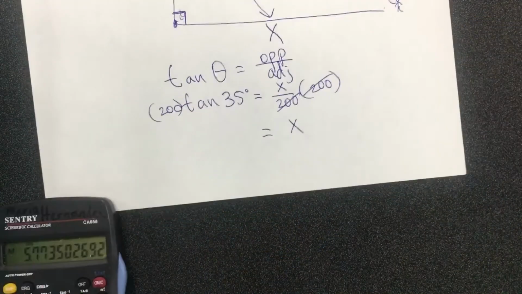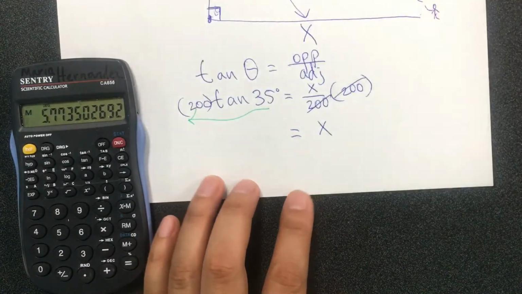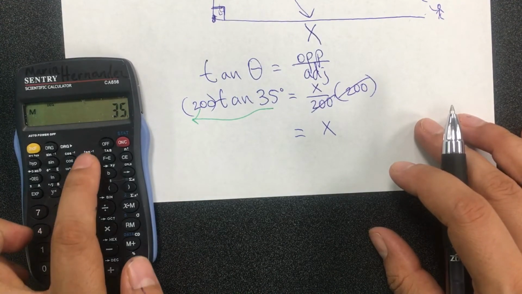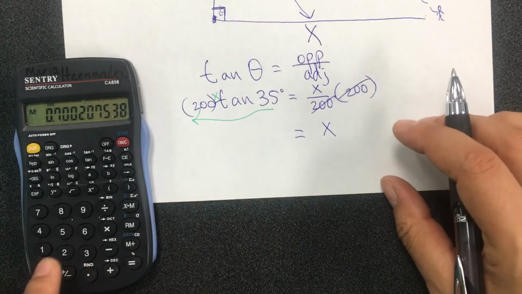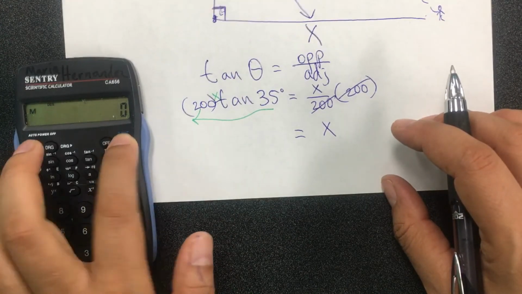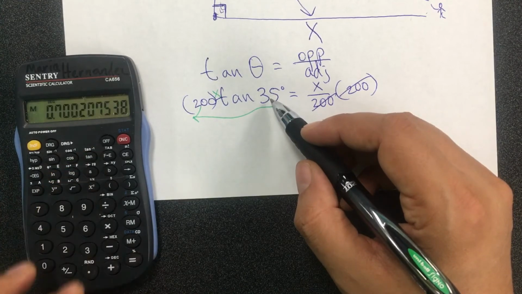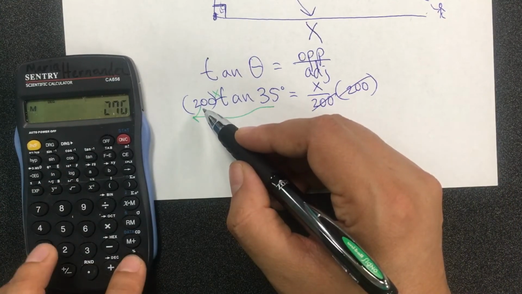Again, if we're using this calculator, draw the arrow. It's going that way, okay? So 35, tangent, times, don't forget that there is times in here. 35, tangent, times 200, equals.